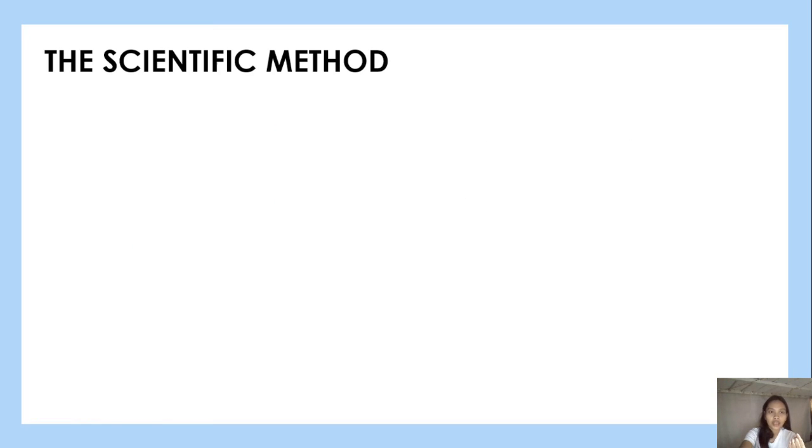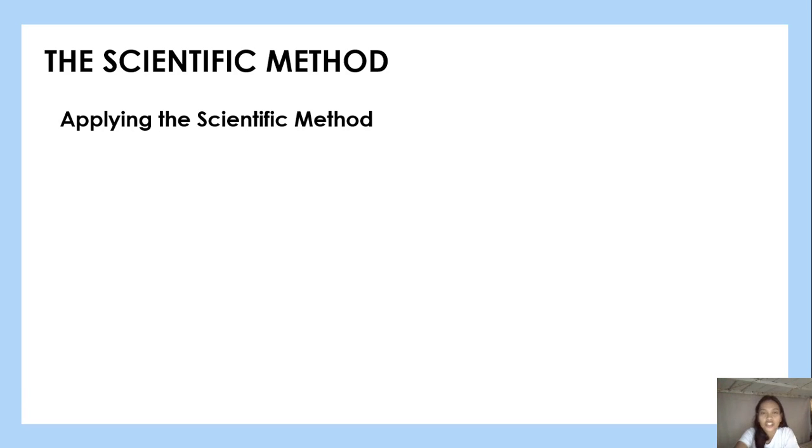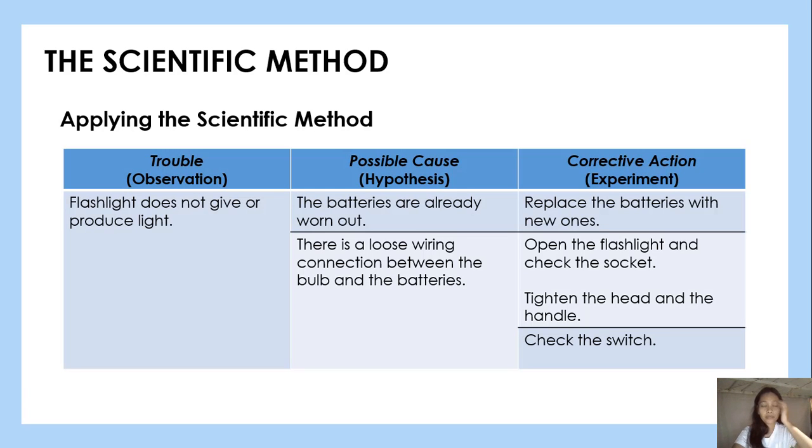So I have here an example on applying the scientific method. So this is just like an elementary-ish example. So for example, your first step, in observation, you have a flashlight that doesn't produce any light.